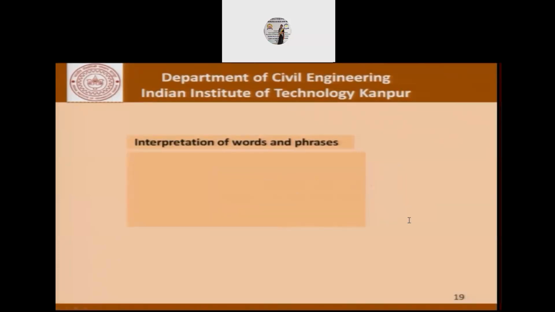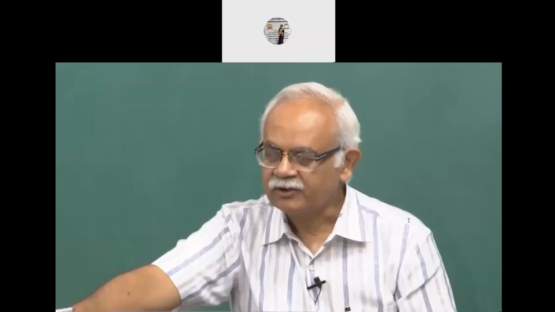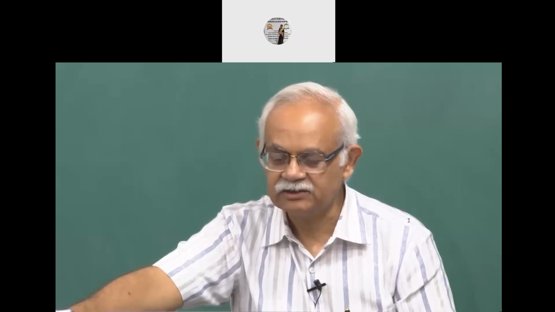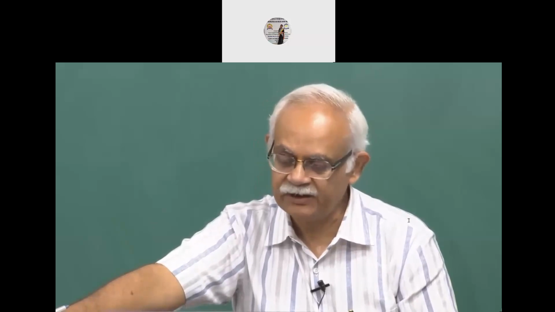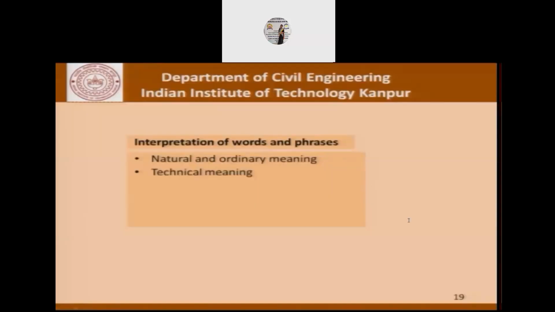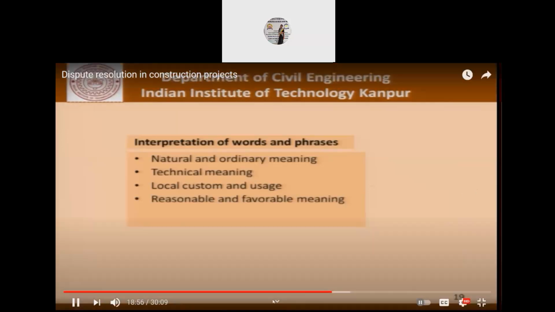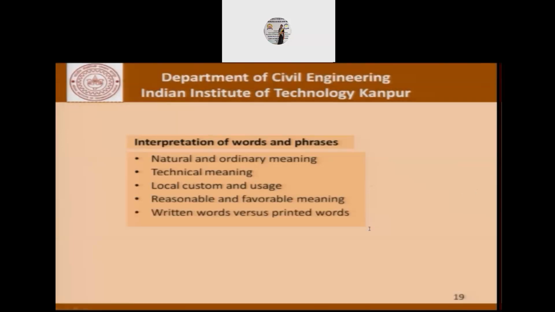As far as words and phrases are concerned, only the natural and ordinary meaning is taken, and it is not expected for the arbitrator to try to find hidden meanings. Special words have their trade use. Local customs and usage will be respected. Reasonable and favorable meaning is assigned in the contract. When it comes to written words, the written words take precedence.